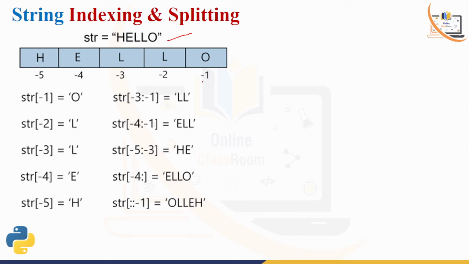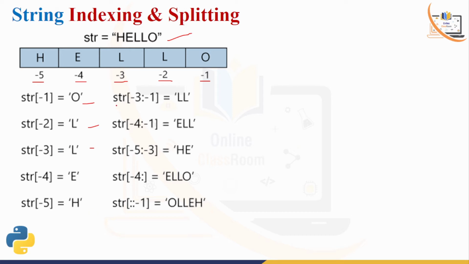So O is -1, L is -2, this L is -3, this L is -4, and this is -5. Now if we want to print the value of -1, it is O, then L, L, E, H, like this. But there is another way.